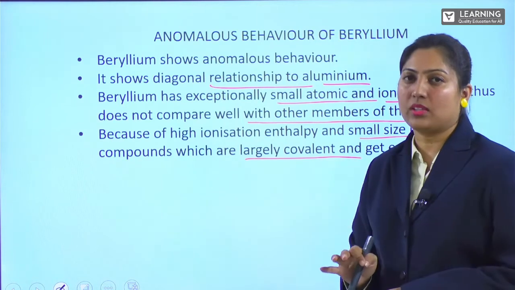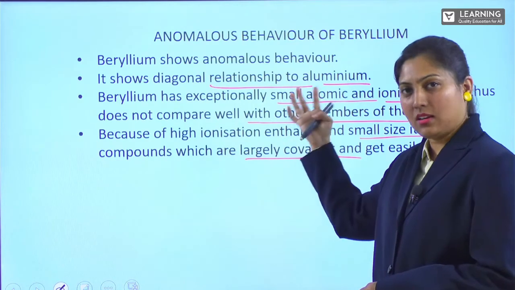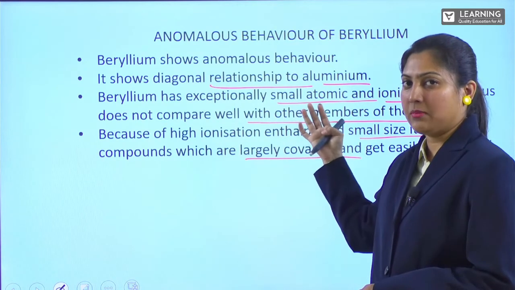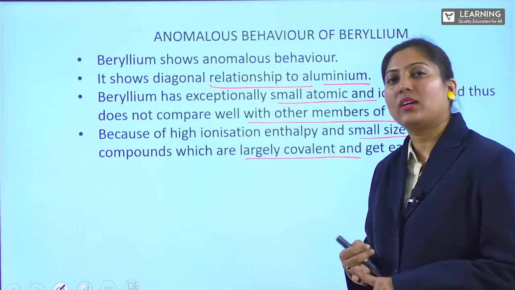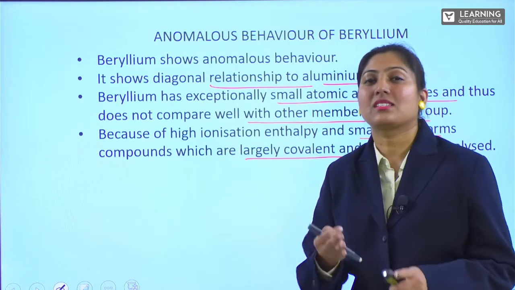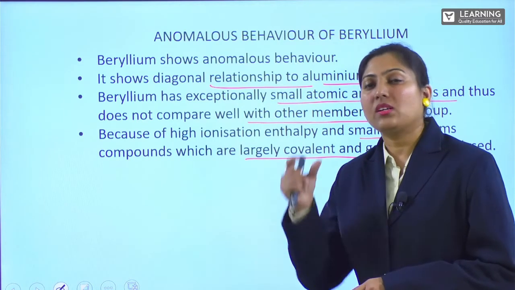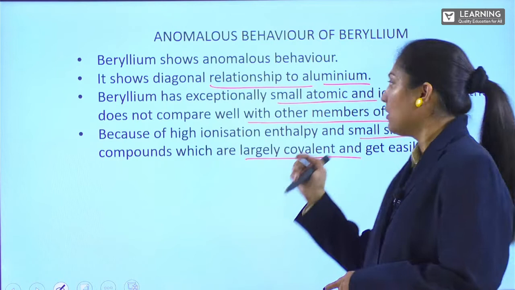The thing you need to understand in anomalous behavior is, first, that it does exhibit anomalous behavior. The second is that it has a diagonal relationship with aluminium, which is the 13th group element. And why is it happening like that? Because it has a smaller size.